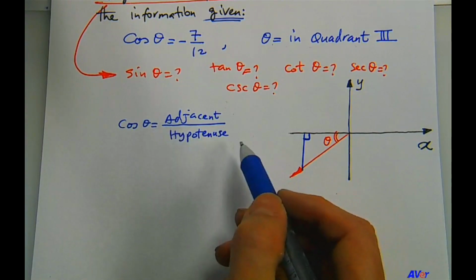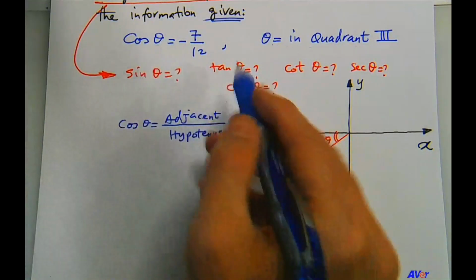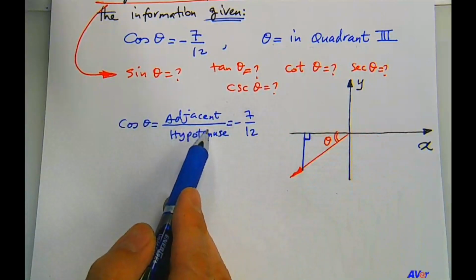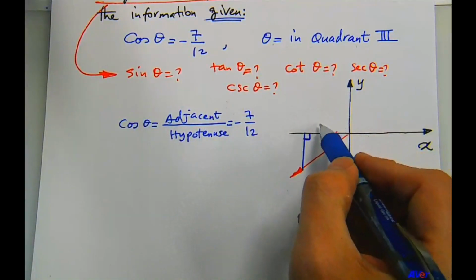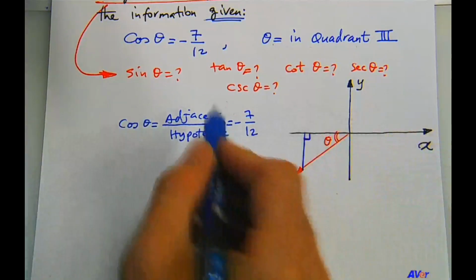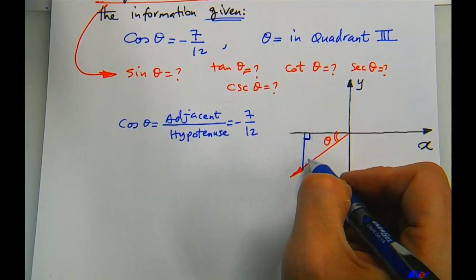So that's the cosine of theta, which is equal to minus 7 over 12, right? Well, that means that this is 7, or it should be minus 7. That's the adjacent over the hypotenuse.